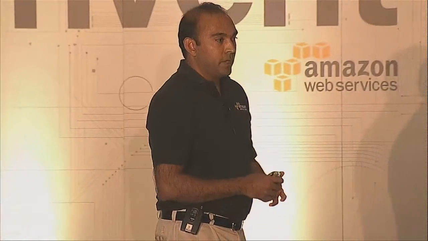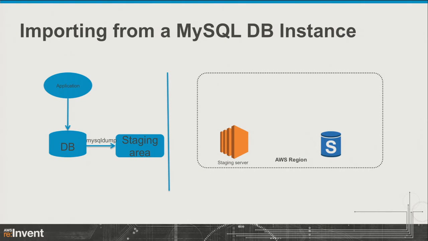One is an instance with ephemeral storage, which has SSD drives. The second option is an EC2 instance with PIOPS EBS volumes. In this case, I used PIOPS on an EC2 instance. This will be your staging server, and then create an RDS MySQL database.